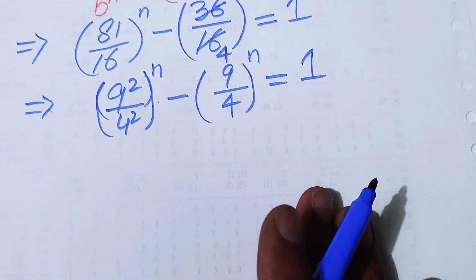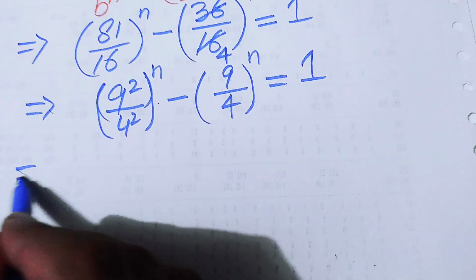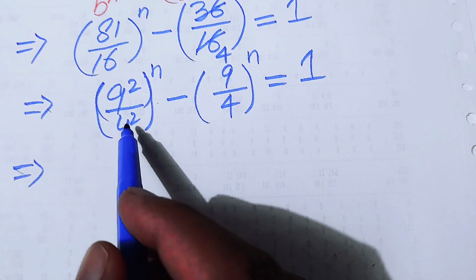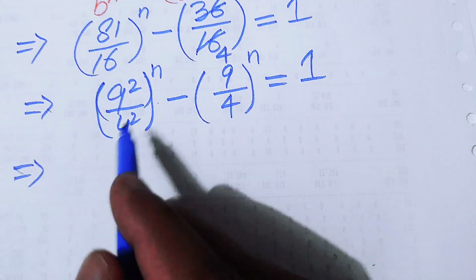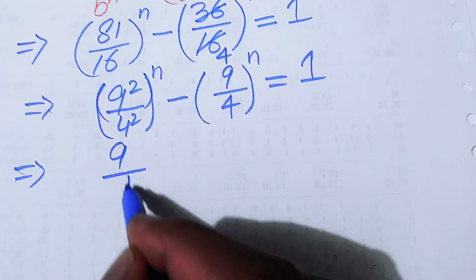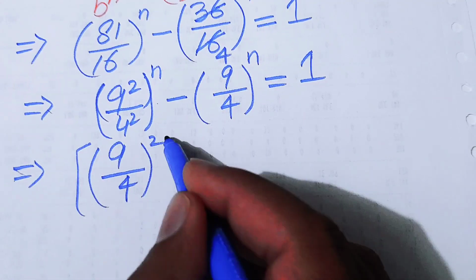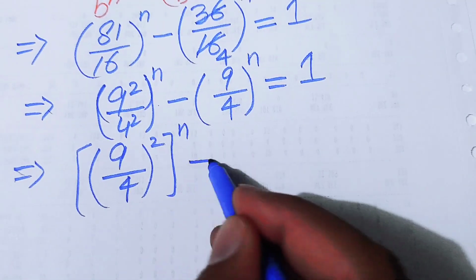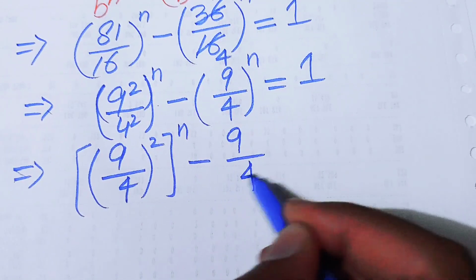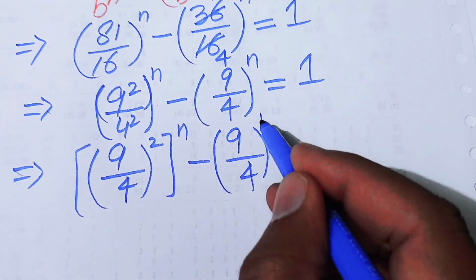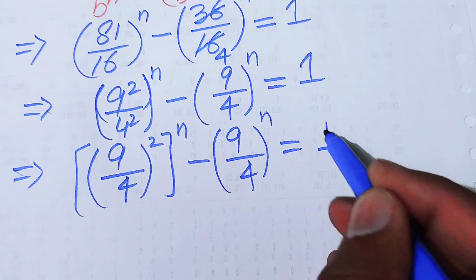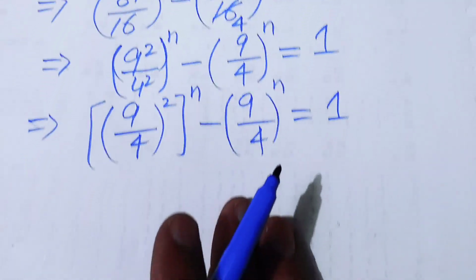So now here we again use the nice exponential law, and we will combine the exponent of these two terms, and you will get 9 over 4 and its whole square and its whole power n minus 9 over 4 and its whole power n, and this equation is equal to 1.